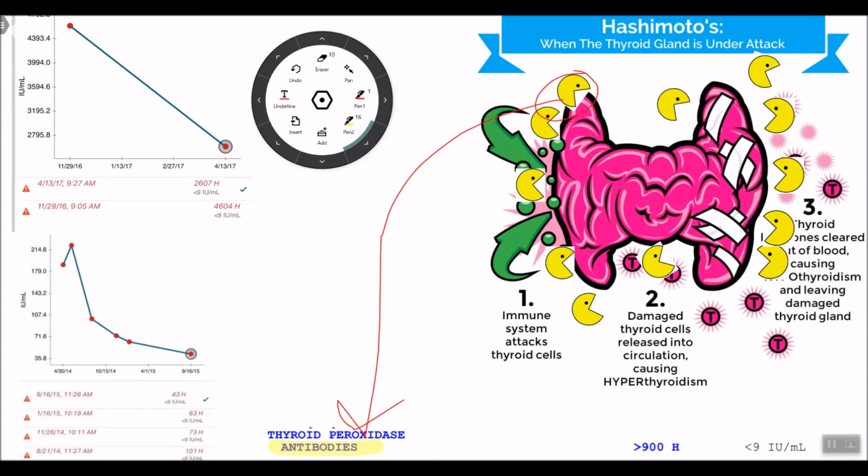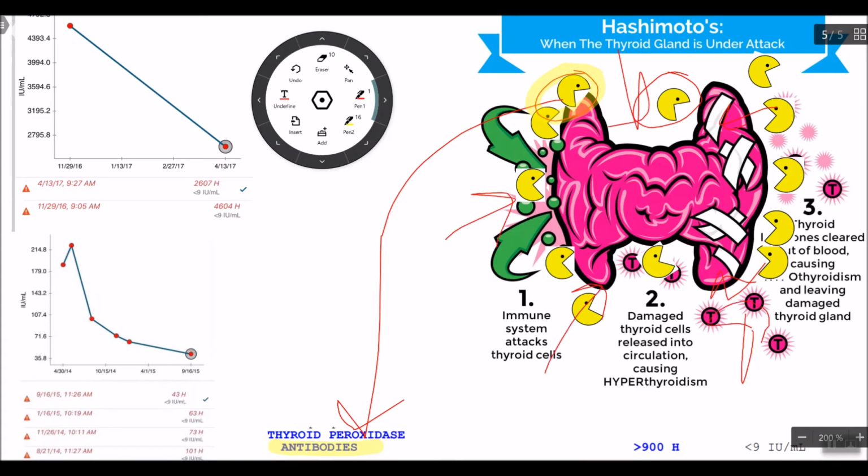So when you have Hashimoto's disease, these little Pac-Mans, these are your immune system. And because your immune system sees 4 or 10 or 100 thyroids, it starts to attack it. This is your immune system attacking the gland right now. Okay, it's attacking it. Now you can measure this, and we measure this by this test right down here, which is called your thyroid peroxidase antibodies. And we want this. What's the key number? Less than 9.